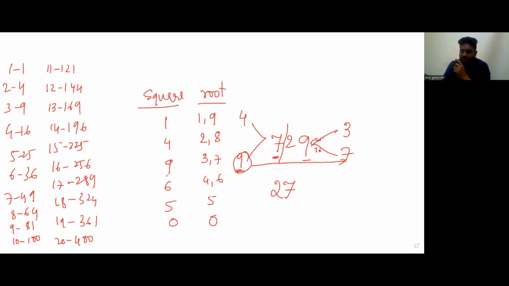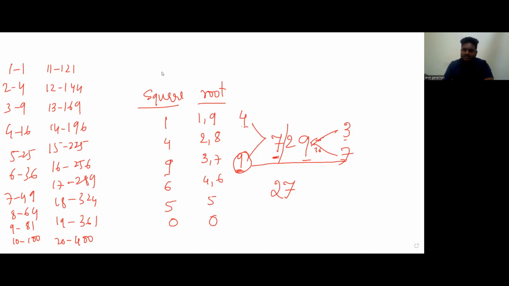If 9 is the square, then the square root ends in 3 or 7. Now I'll write 4 and 9 because 7 is in between. If it was closer to 4, I would have taken 3 as the last digit. But it is closer to 9, so I'm taking 7. We'll solve 2-3 more examples, then you may understand it better.